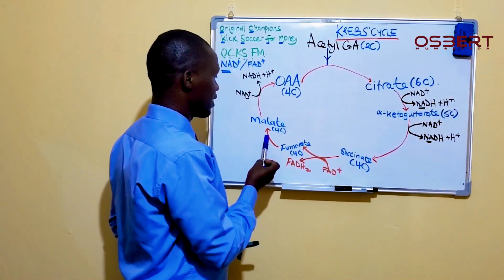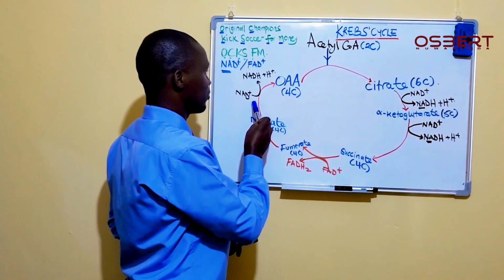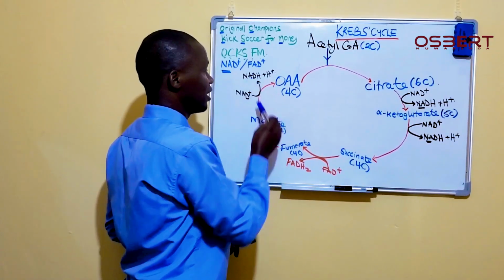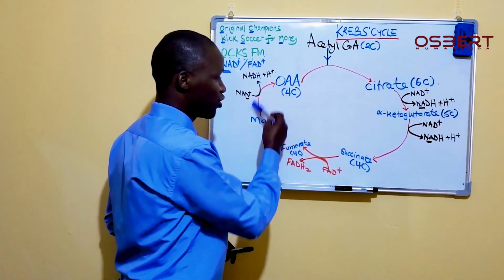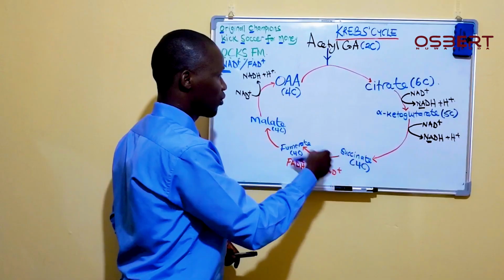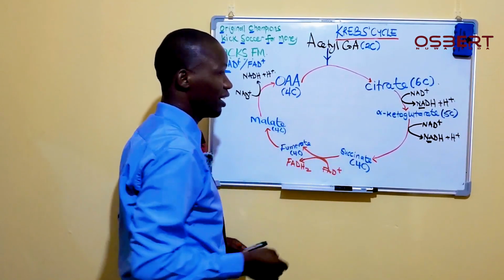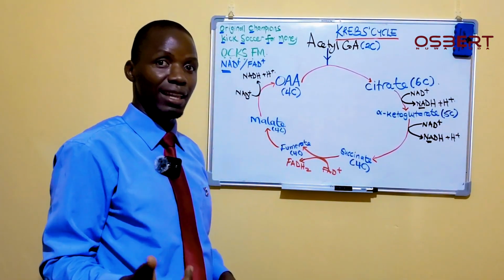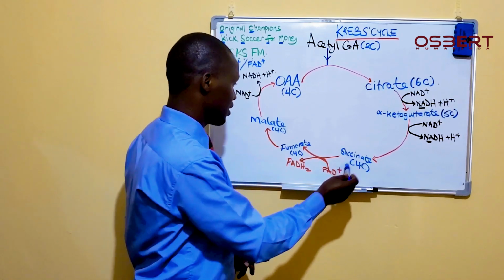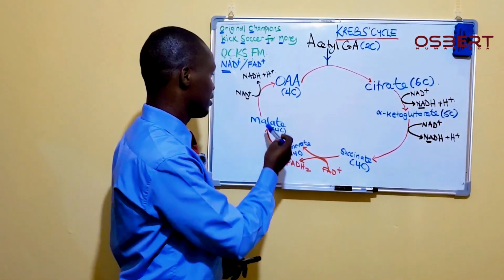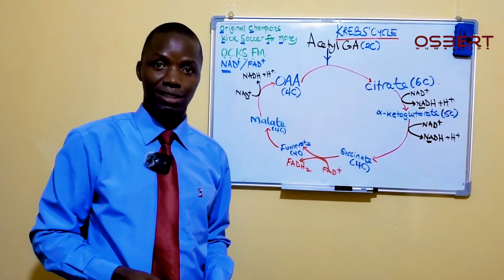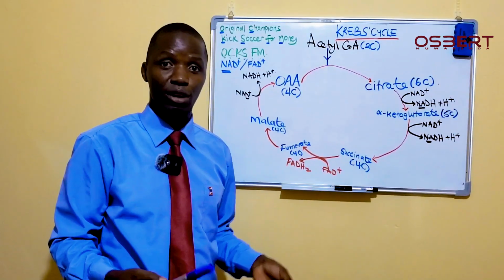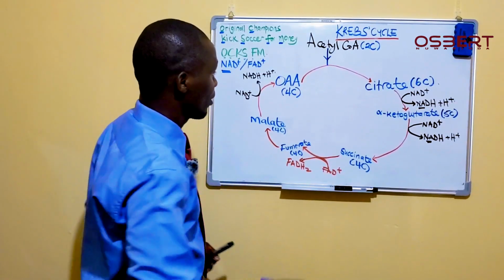Here we are also removing hydrogen. So we're just playing with the hydrogen atoms within the structure, but basically the carbon atoms are remaining the same. For succinate, fumarate, malate, and oxaloacetate, the carbon atoms are the same. We're just playing around with the hydrogen atoms.